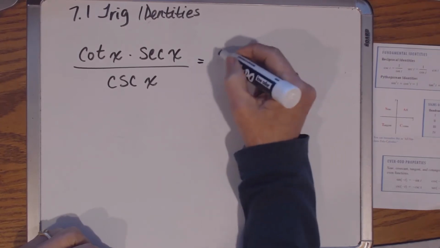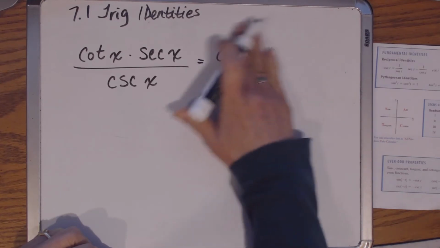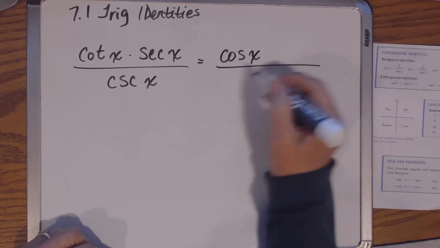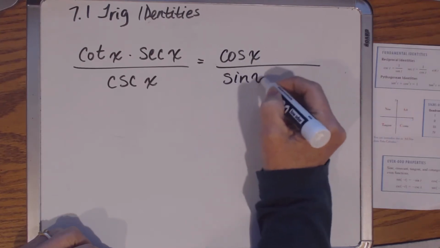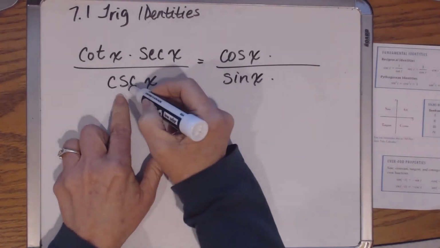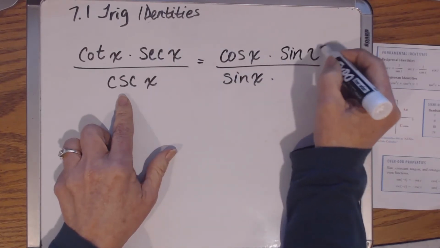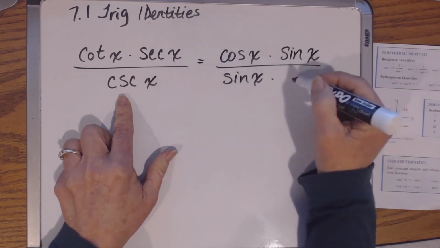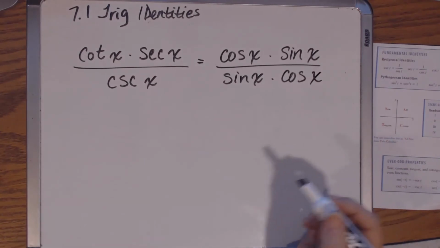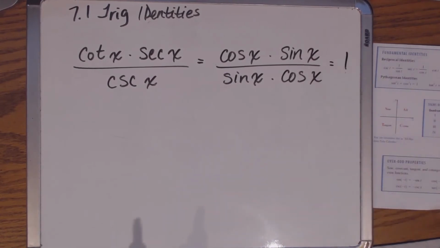So I'm actually going to rewrite this as cotan of x, which I will express as the cosine of x over the sine of x. Everything's being multiplied here, so I can do this. And then cosecant of x would come up on top as the sine of x. And secant of x would go down to the bottom as the cosine of x. And guess what this whole thing becomes? This actually becomes 1. Okay?